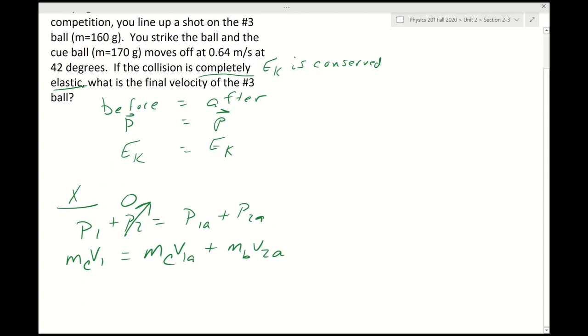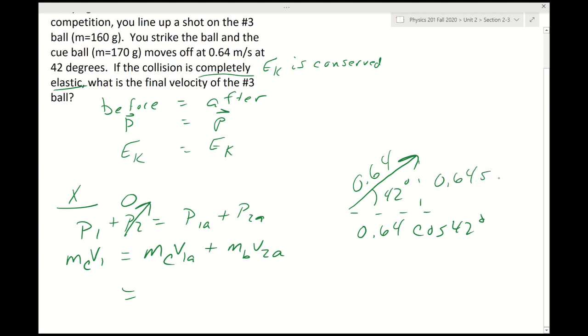Now we know that the velocity of the cue ball is 0.64 meters per second at 42 degrees. So the x component is going to be 0.64 cosine of 42 degrees, and the y component is 0.64 sine of 42 degrees.